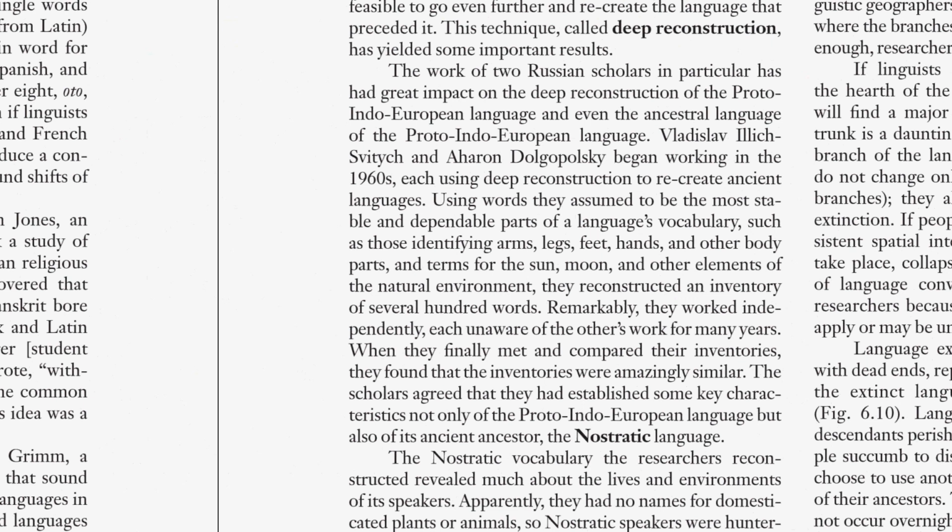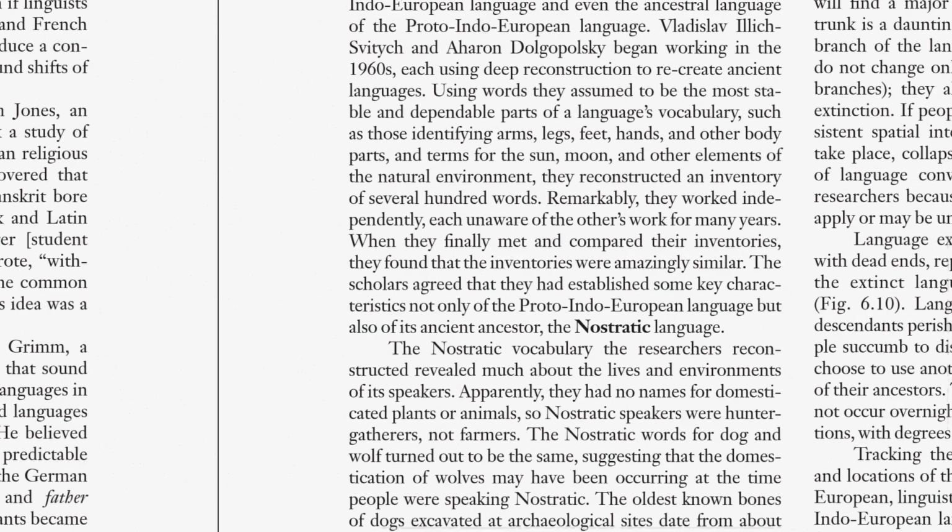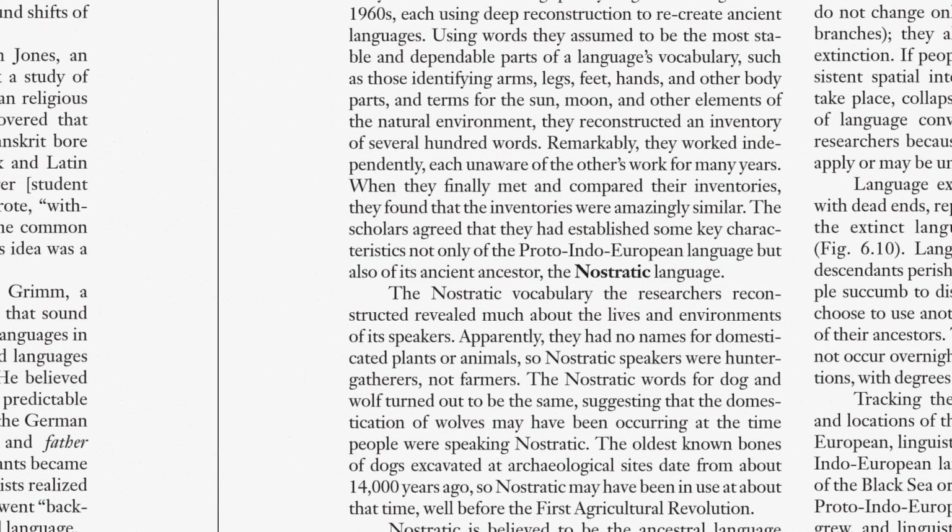They used words they assumed to be the most stable and dependable parts of a language's vocabulary, such as identifying arms, legs, feet, and other body parts. They reconstructed an inventory of several hundred words. When they finally met and compared their inventories, they found that the inventories were amazingly similar.